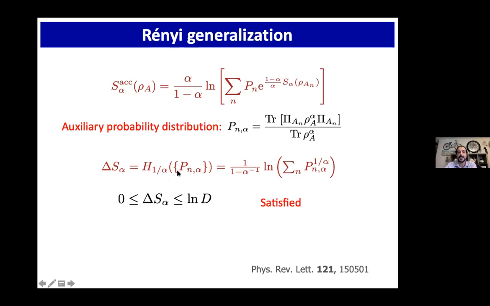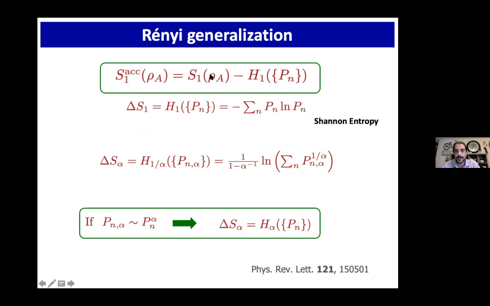So we guarantee that the left side of the inequality is satisfied. Also, the number of entries of that probability distribution is the same as P_n, which means, of course, that it will also satisfy that the result is less than log of the support. So that definition satisfies the conditions of delta S alpha satisfying the inequality, as well as being a proper Rényi generalization of the accessible entanglement.